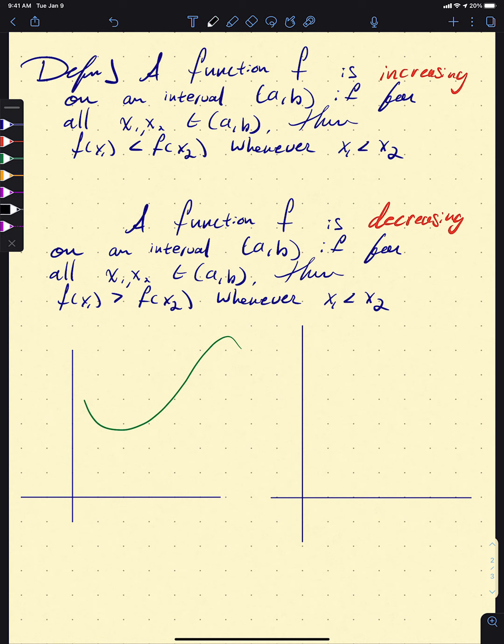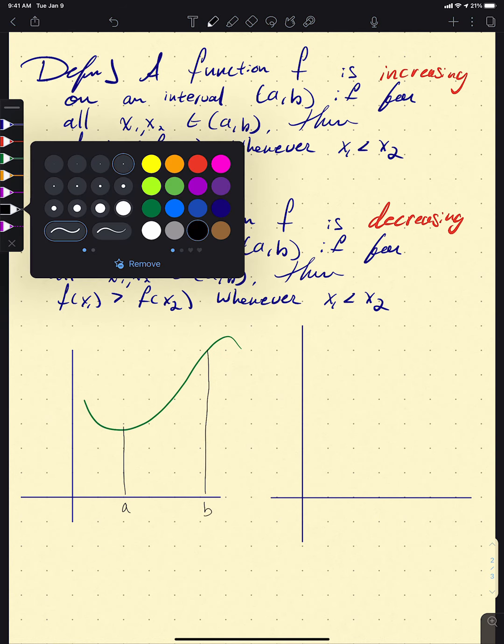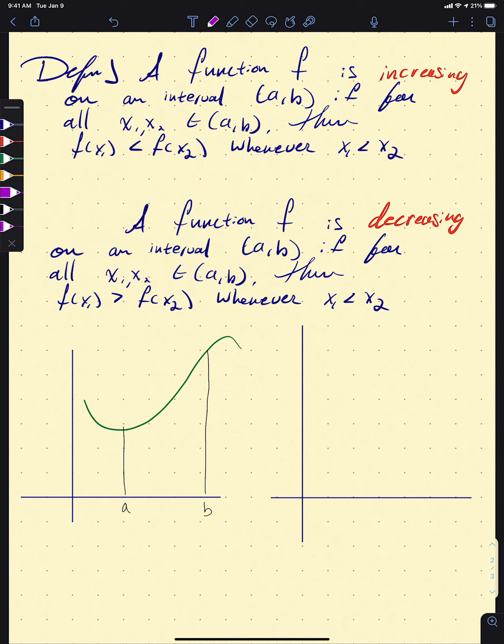Say this is your A, this is your B. Then if I pick any 2 points in this interval, say x1 and x2, whenever you have x1 less than x2, you have f of x1 less than f of x2.